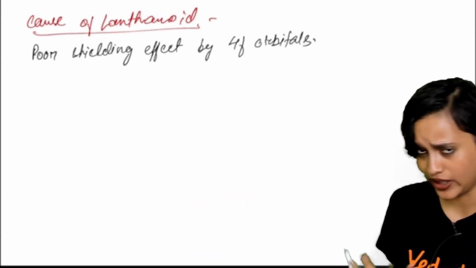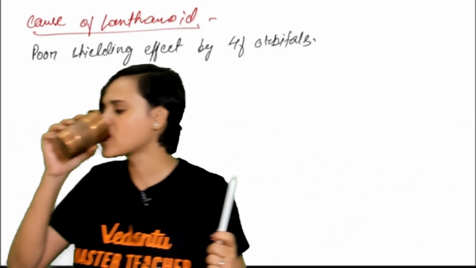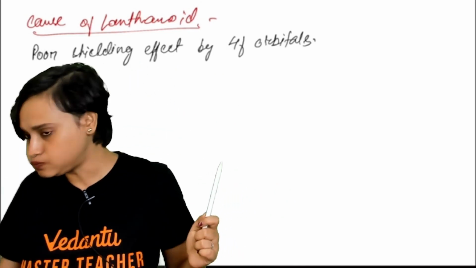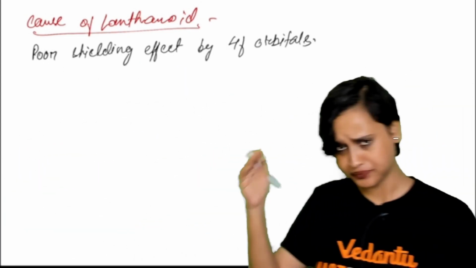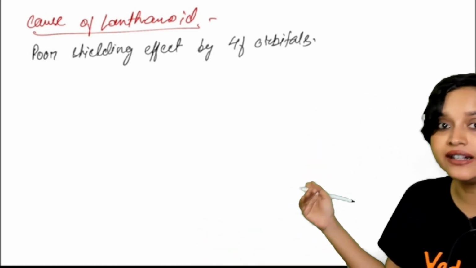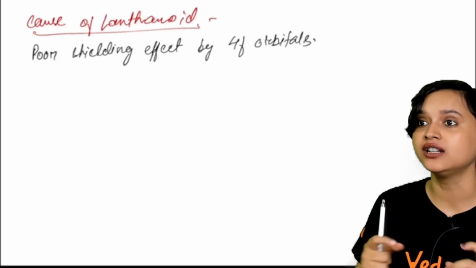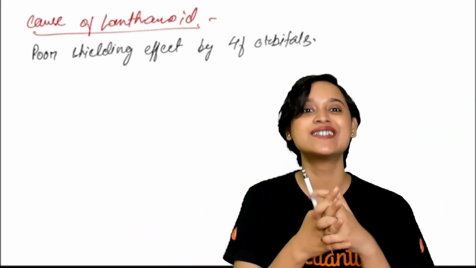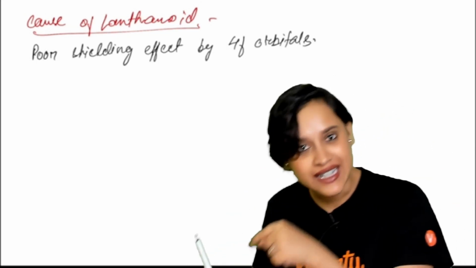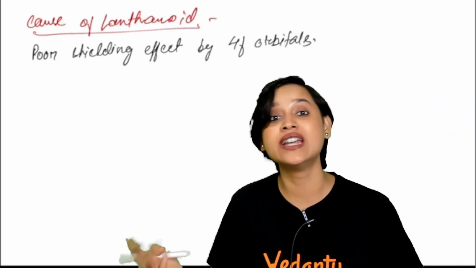We will be solving some questions as well, and as we move on you will be able to see that there is a constant decrease and it decreases very much. The lanthanoids all exist almost together in nature.